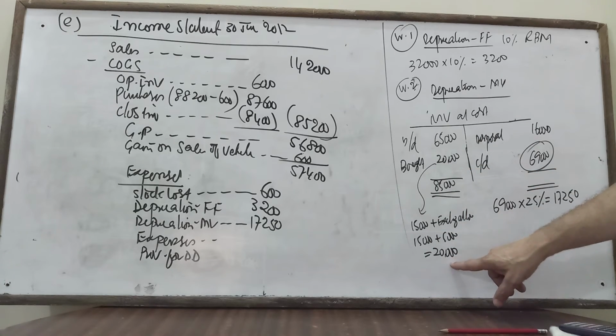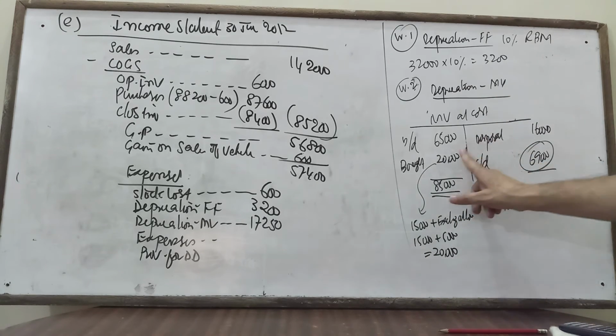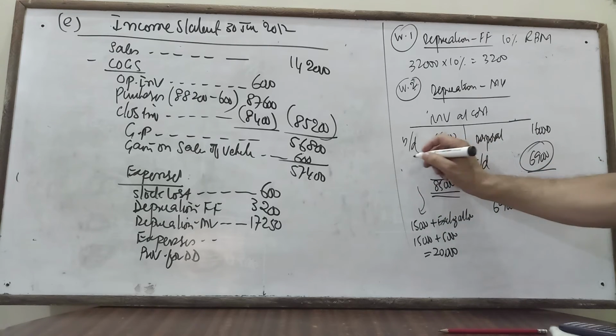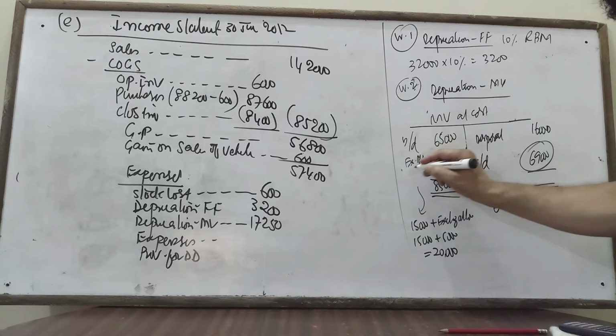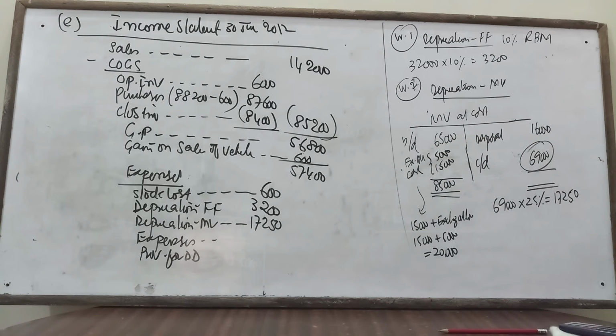Record the cost of the new vehicle, which was 20,000. However, you have paid 15,000 and the remaining was exchange allowance. Or you can also record it this way: exchange allowance 5,000 and cash 15,000. Okay, this makes the total and is also acceptable. This will not affect your answer. So depreciation on motor vehicle is 17,250.